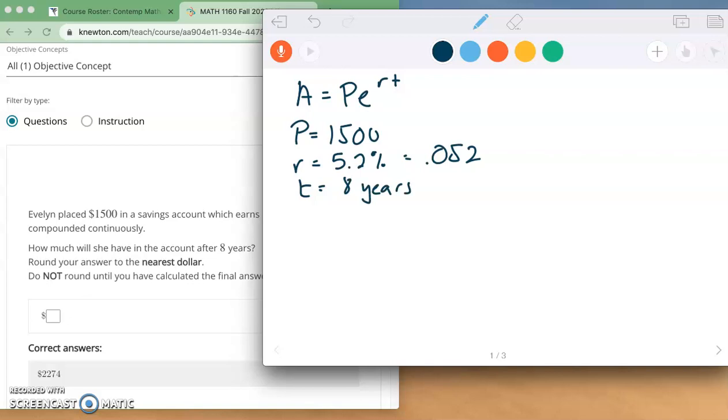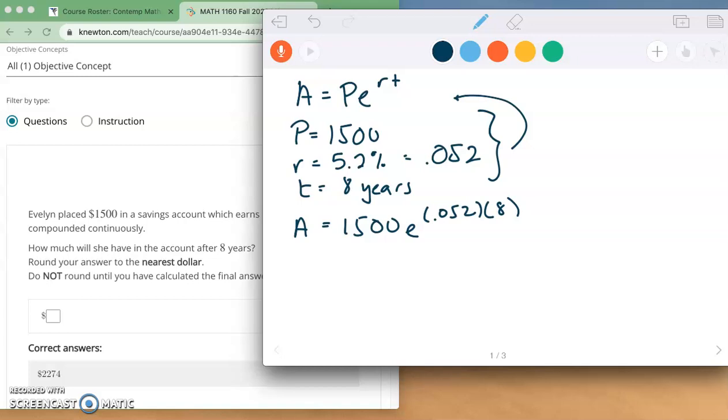All right. So we need to go ahead and put all of this into the formula. We're going to have the amount at the end of 8 years equals the principal, 1,500, times e to the rate, which is 0.052, times the time, which is 8. I'm going to put all this into my calculator.